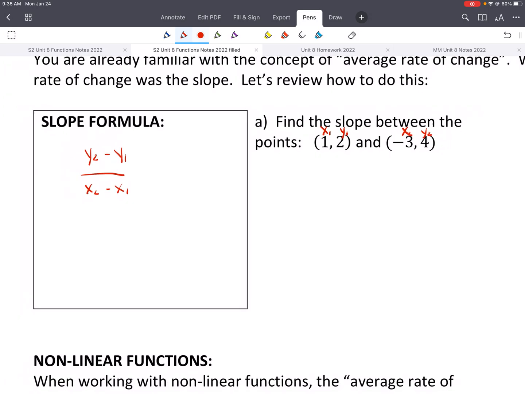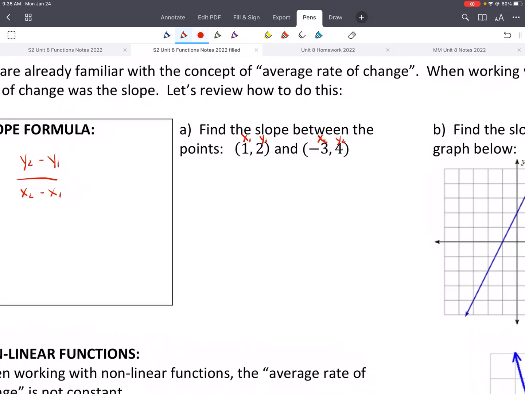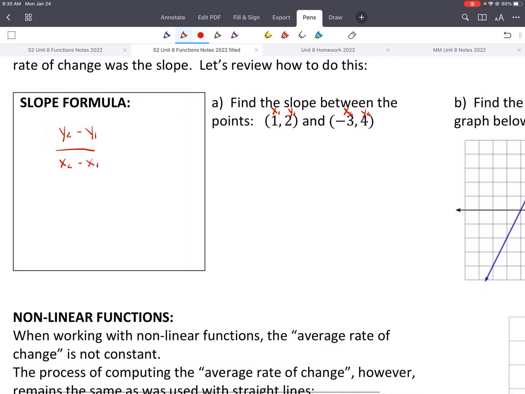Maybe you did this last year when you did linear equations, but if not, here's a nice review. So this is how we find the slope, m. We would take y2 minus y1 over x2 minus x1. So we'd get 2 over -4 or -1/2.